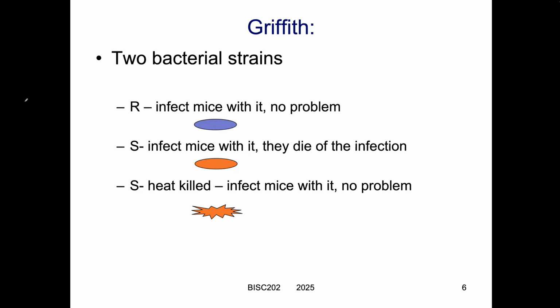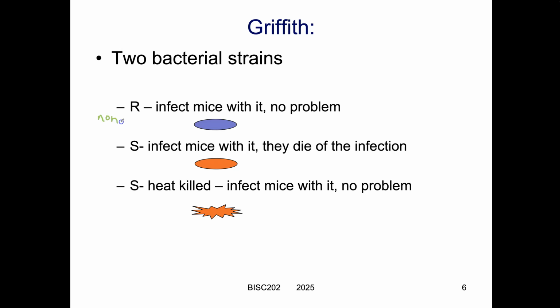Okay, so the first experiment we'll talk about is the experiment done by Griffith, and Griffith and the people in his lab, of course, worked with two different bacterial strains. One was just called the R strain and one was called the S. They were the same species, but they were variant types of that bacteria, and one of them was considered non-virulent.